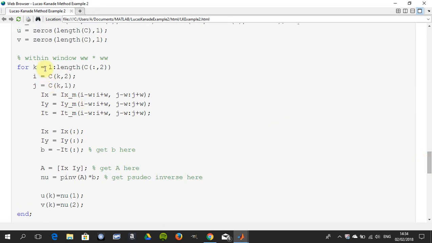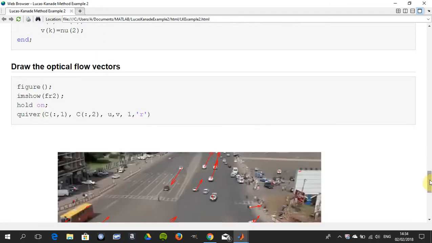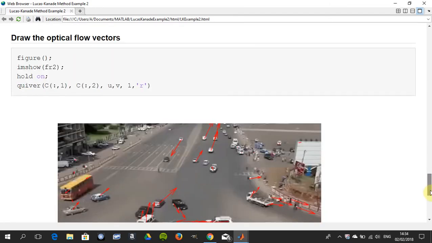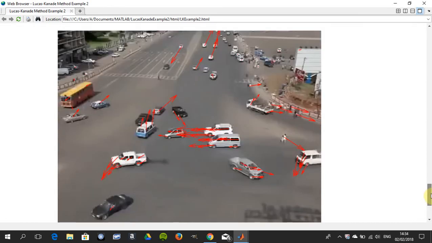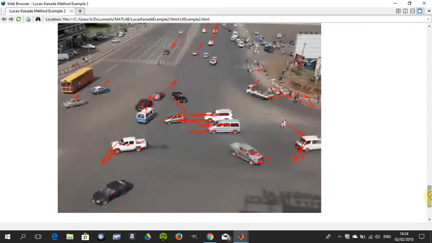We do our least squares solution in here using the pseudo inverse here, and we get u and v, and u and v are the motion vectors in the x and motion vectors in the y direction. And then we plot the motion vectors between the first and the second frame. Hope that helps a little, and thanks very much for listening.